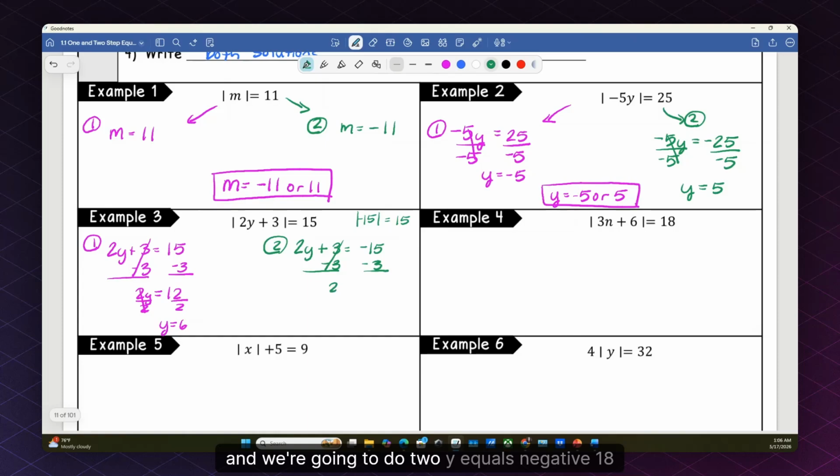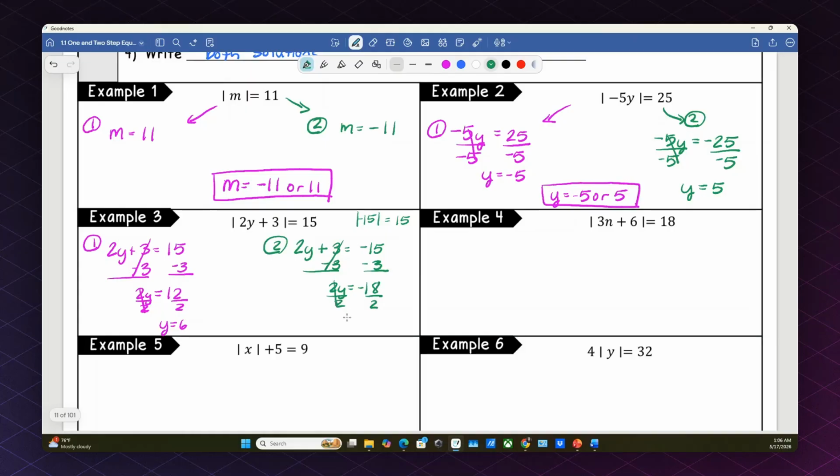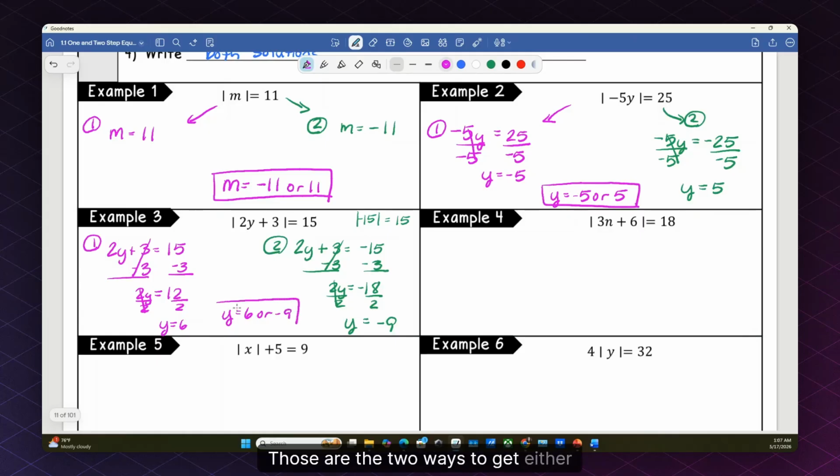We get 2y equals negative 18. We divide by 2 and divide by 2, and we get y equals negative 9. If we bring both of those together, the answer is y equals 6 or negative 9. Those are the two ways to get either positive 15 or negative 15 in that absolute value.